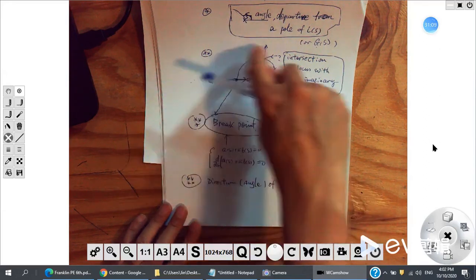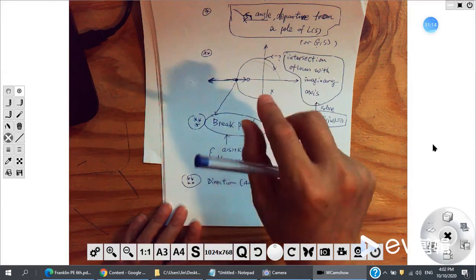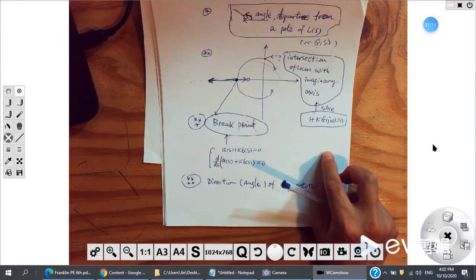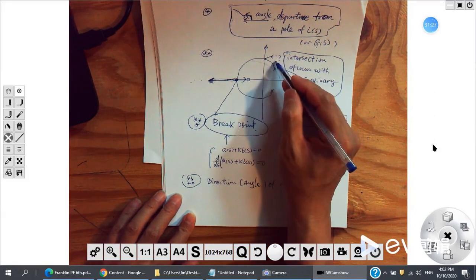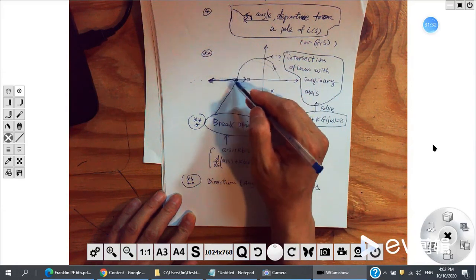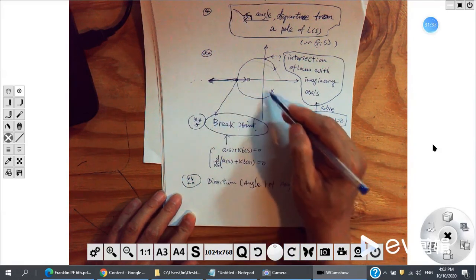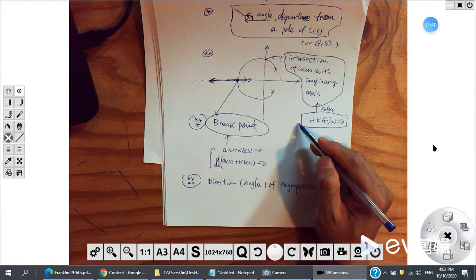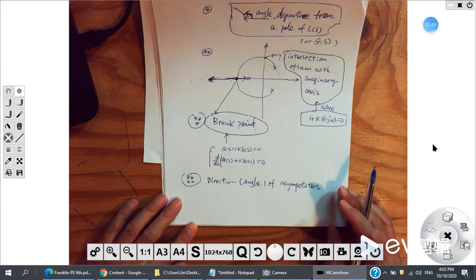You divide the whole 360 into three equal pieces, so each piece is 120 degrees. You start from half of 120, that's 60 degrees, then plus 120 you get 180, and then another 120 gives another direction. That depends on how many asymptotes you have.